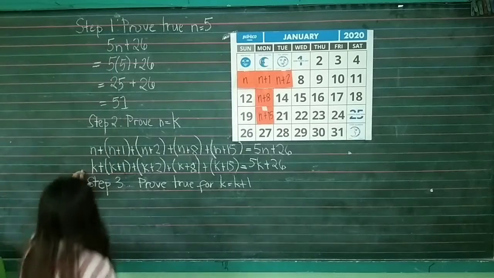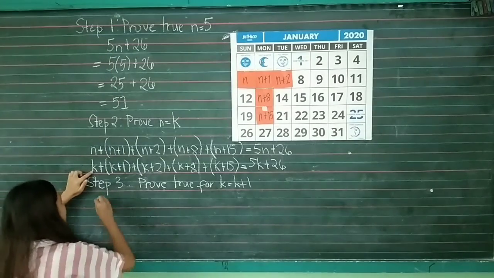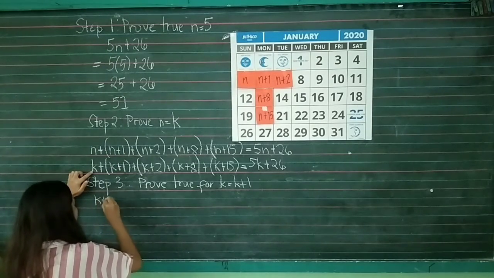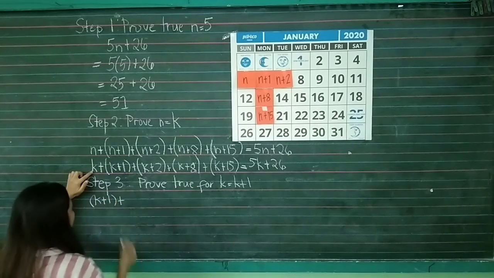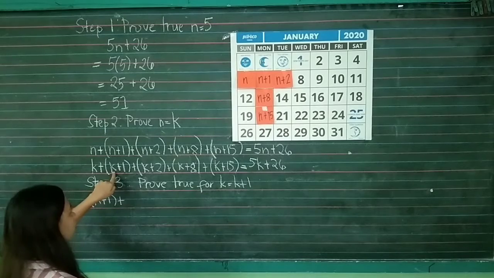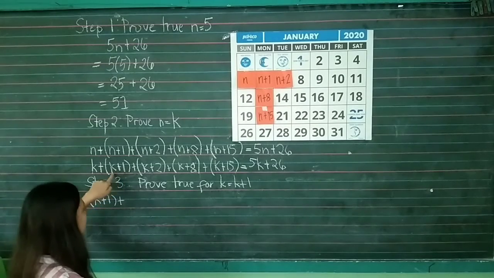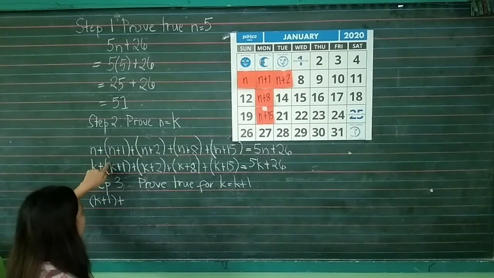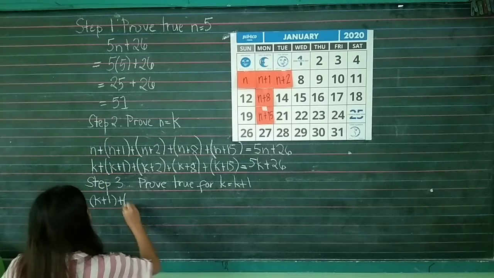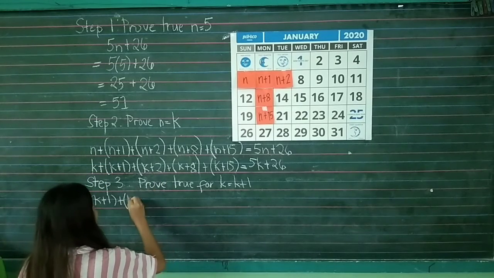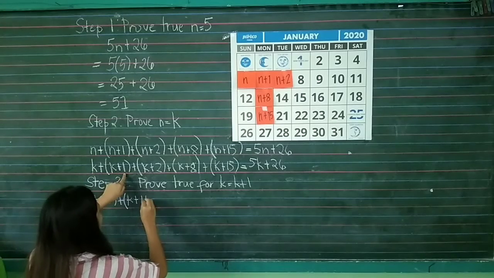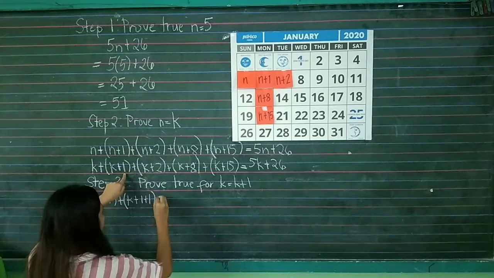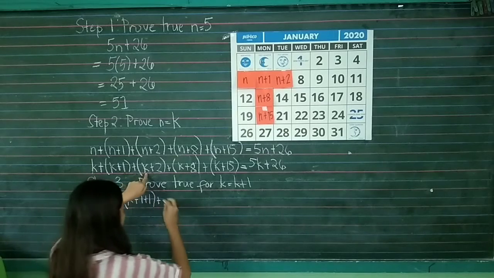So the first k becomes k plus 1. Then we have k plus 1 here, so we replace that k as well. The result is k plus 1 plus 1, plus 1, plus k.